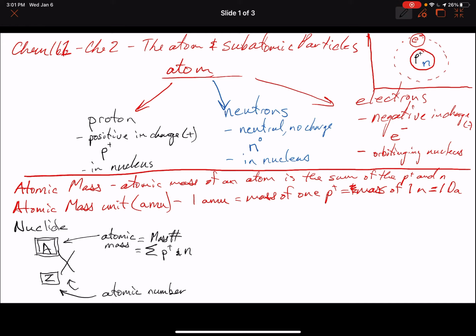The atomic number is also known to be equal to the number of protons. So for hydrogen with only 1 proton, the atomic number Z would be 1. For helium with 2 protons, the atomic number would be 2. So Z equals 2 for helium. Okay.